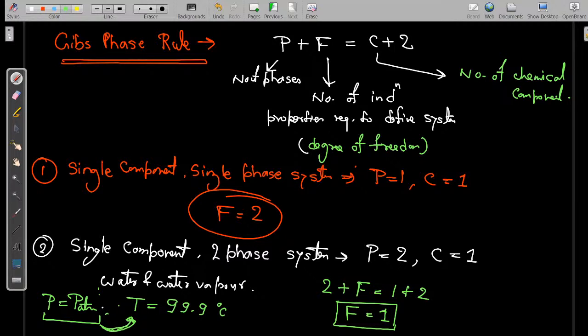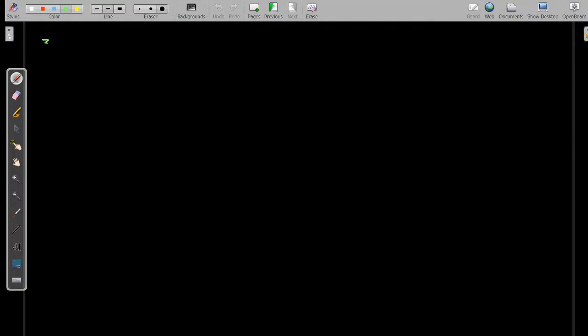Okay, then next is a single component, three phase system.